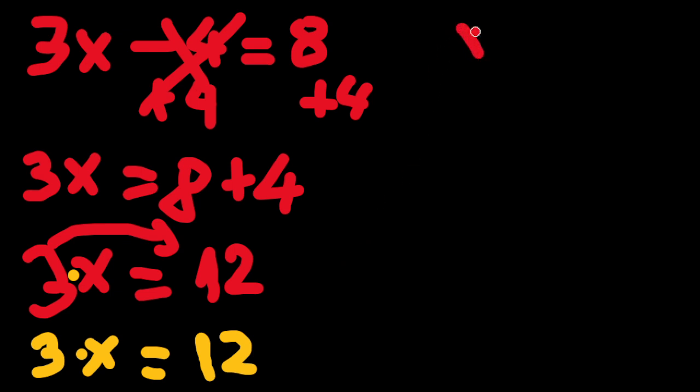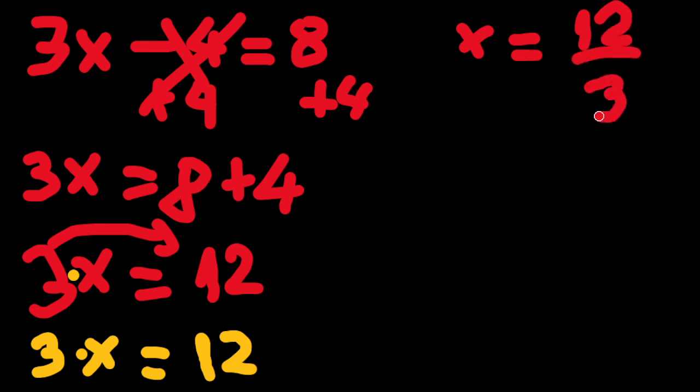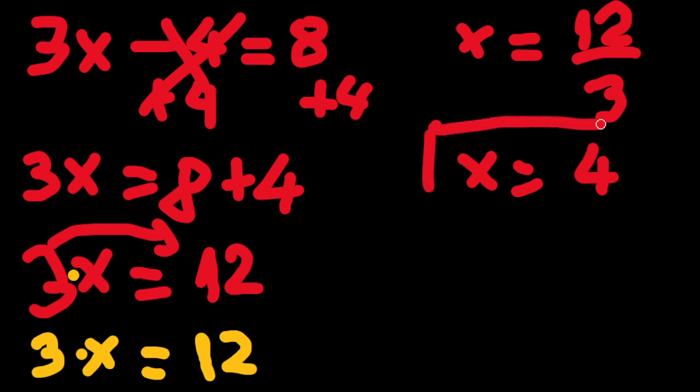So x equals 12 divided by 3. So how much is x? 12 divided by 3 will equal 4. So the answer is x equals 4.